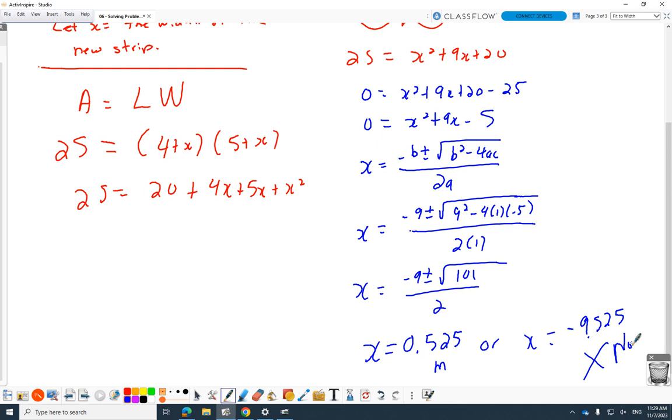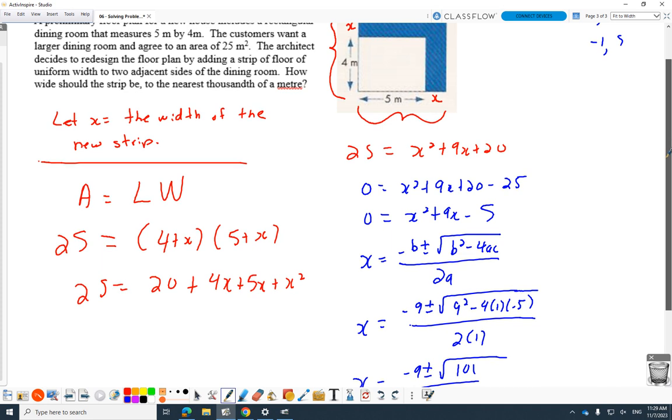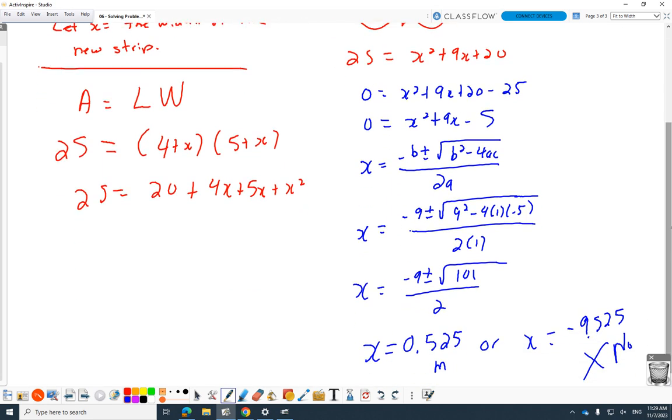Now just make sure you answer the question. What did the question say? How wide should the strip be? Therefore, the strip should be 0.525 meters. The negative does have meaning, though.